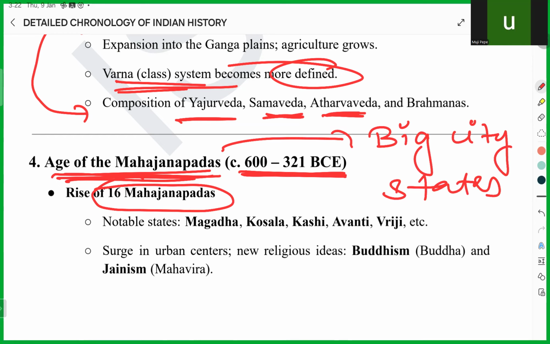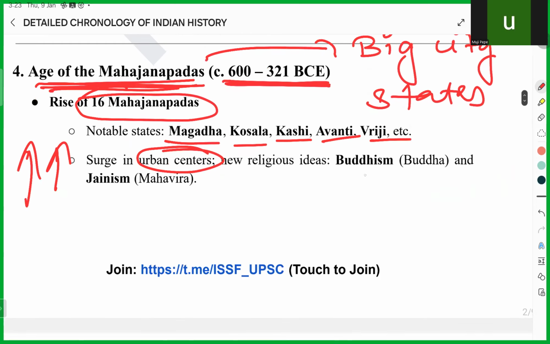They were states built around one big capital city. Notable states were Magadha, Kosala, Kashi, Avanti, Vrijji or Vajji. Urbanization in the Indian subcontinent surged. New religious ideas like Buddhism and Jainism also started to crop up.